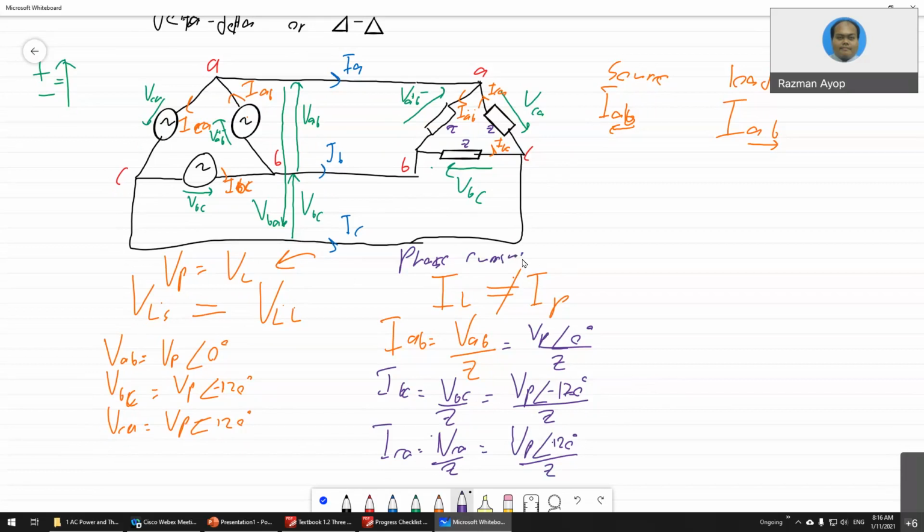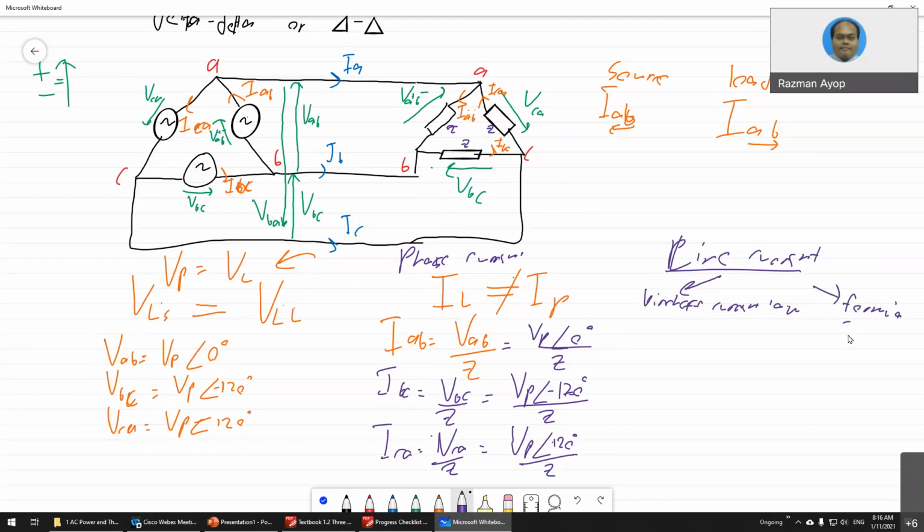Now after you find the phase current, you have to find the line current. For line current you have two ways. Either you use Kirchhoff's current law or the formula.